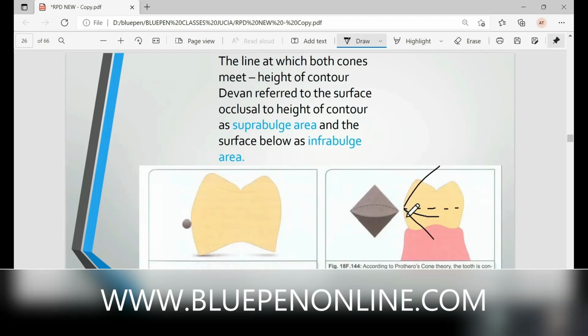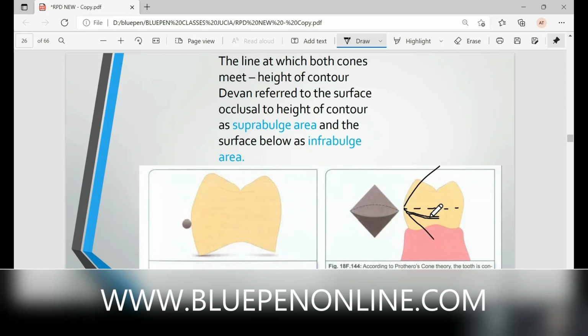If it ends below the junction of these two cones, this will resist the movement in the upward direction, because definitely it has to deform if it wants to move out, right? This is a bulge, so if you want to pull it out, it has to deform. With your finger pressure you can definitely pull it out, but with your masticatory pressure or sticky food pressure, this will not happen, and that's our aim also.